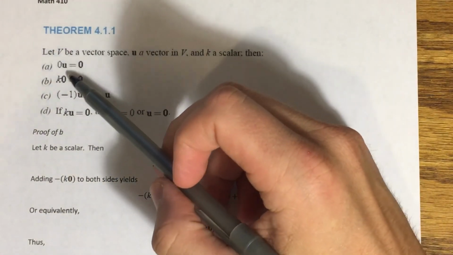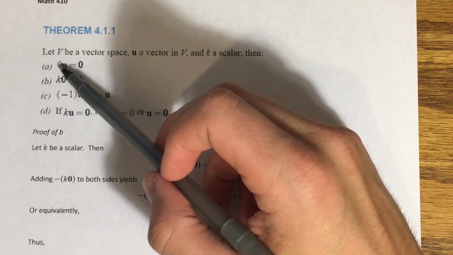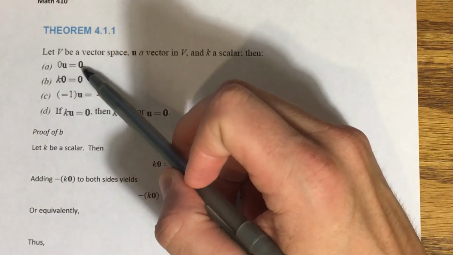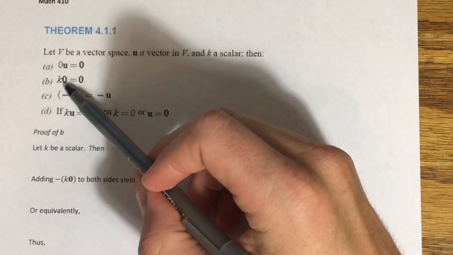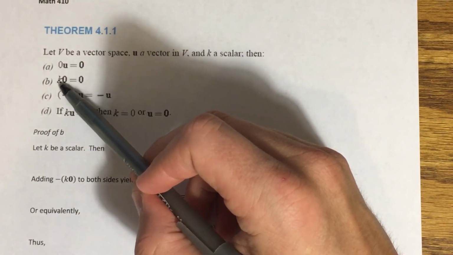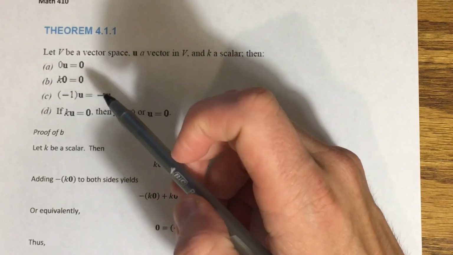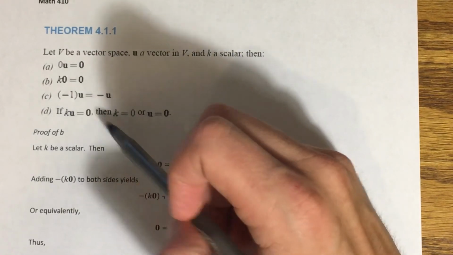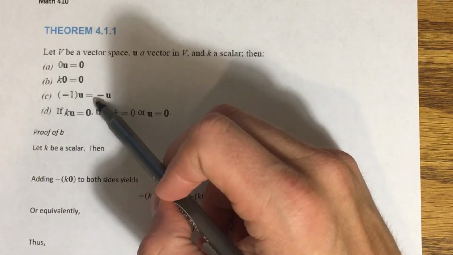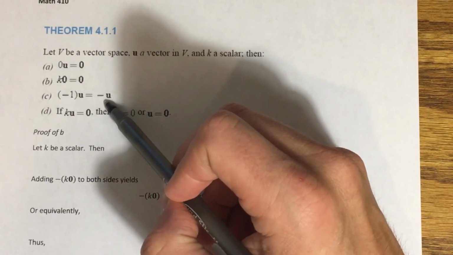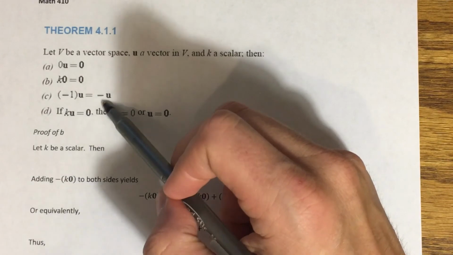Okay, this first property says that if I multiply u by the scalar 0, then the result is the 0 vector. This here says that if I multiply the 0 vector by any scalar k, then the result is the 0 vector. This property says that if I multiply any vector by the scalar -1, I get the additive inverse of u, or the opposite of u, negative u.